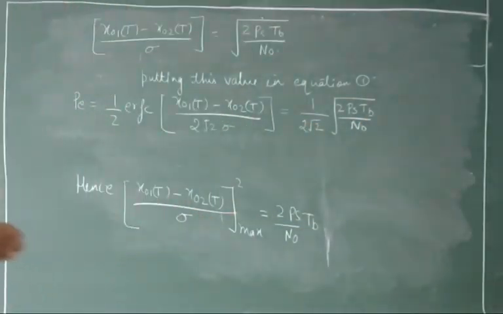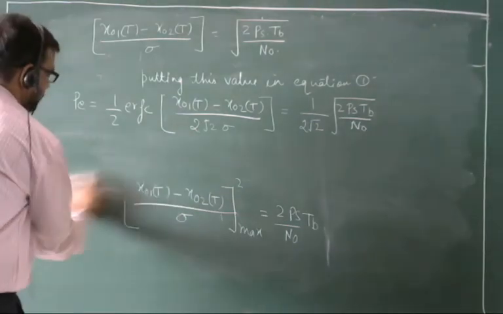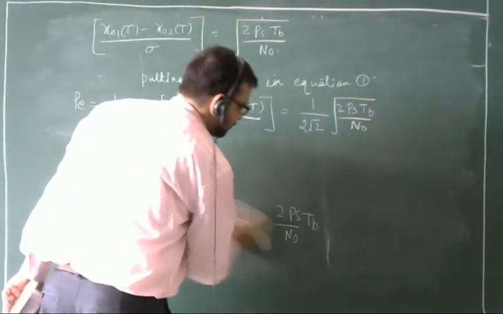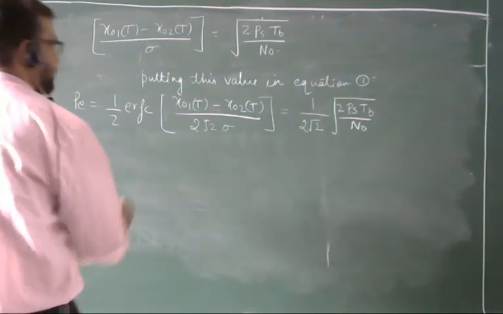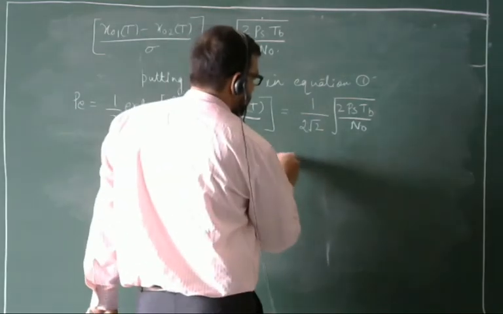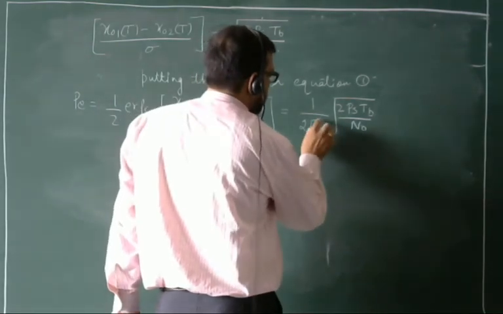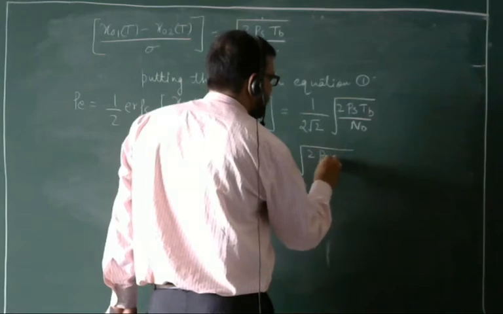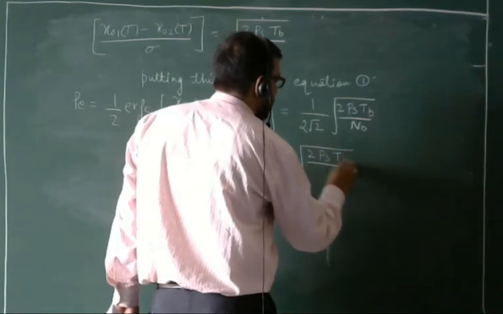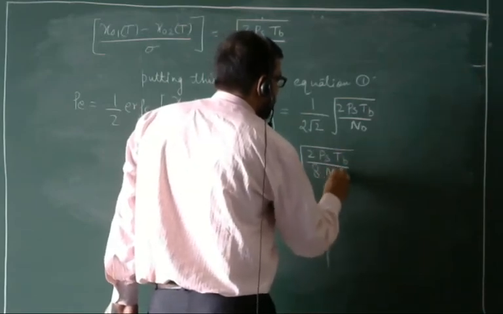Okay, simply we have placed the values to find the probability of error. After that, this quantity, if this quantity goes inside, we get 2 pi Tb upon 8 into N naught.